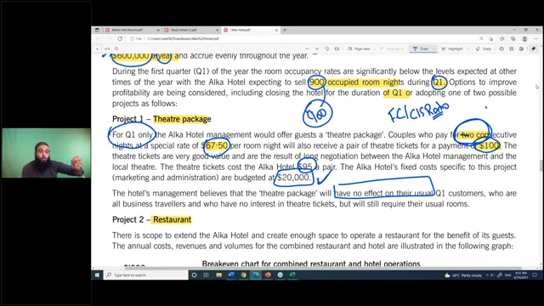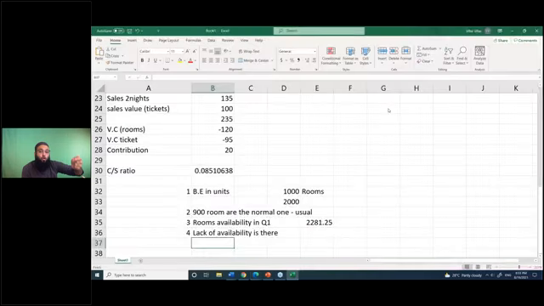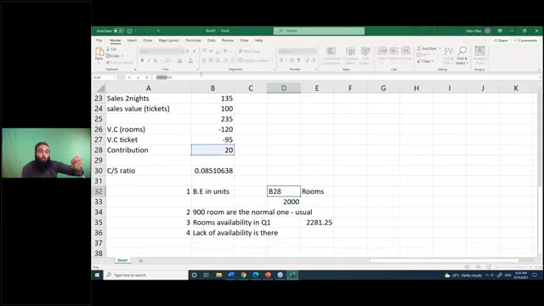Okay. How was 1,000 calculated and how was 2281? Let me explain this again with the calculations as well. See, listen. You can see here that 20,000 is your fixed cost for this theater project. And I'll divide this by contribution per unit, right? So I'm getting the answer of 1,000.